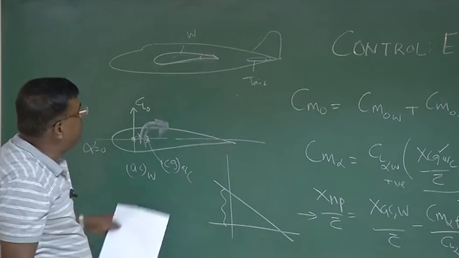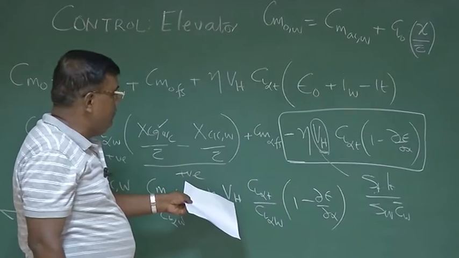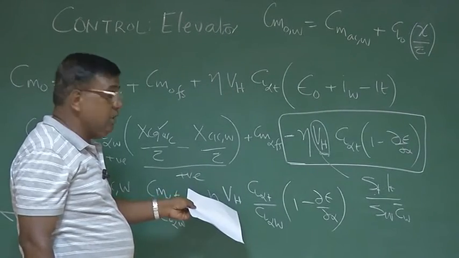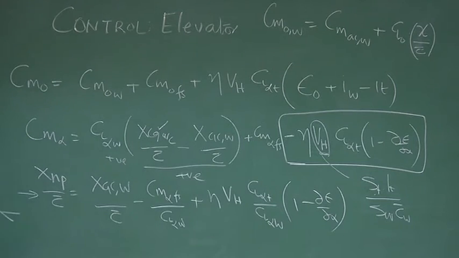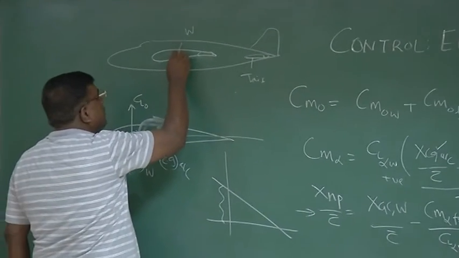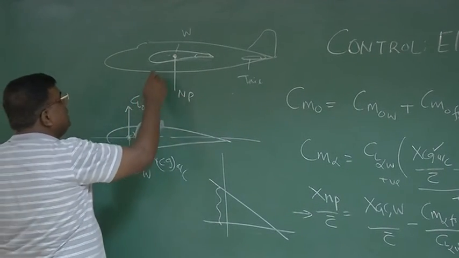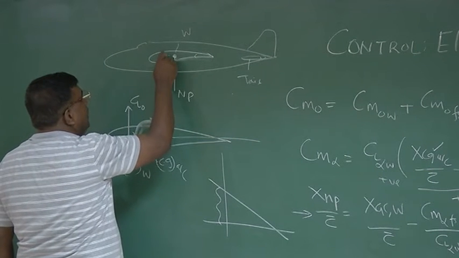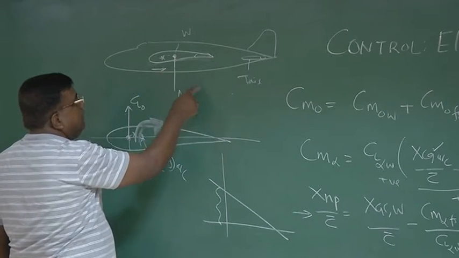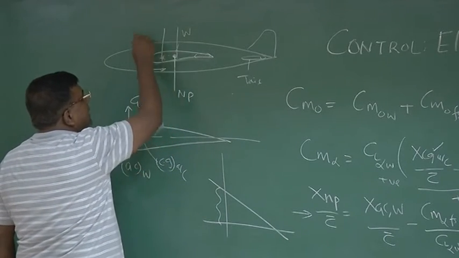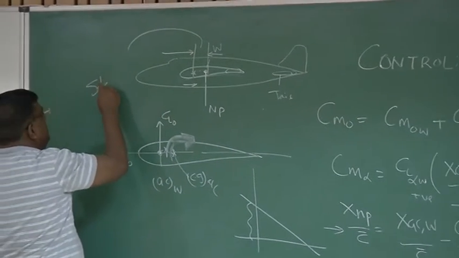And depending upon the location of AC and the location of tail, because tail volume ratio contains LT, all these things, you can get a fixed number for the neutral point. So let's say the neutral point is somewhere here. Okay. The message is, when you're laying out the CG, you will not move the CG beyond this point. And this gap between the CG and the neutral point, we call it stability margin.